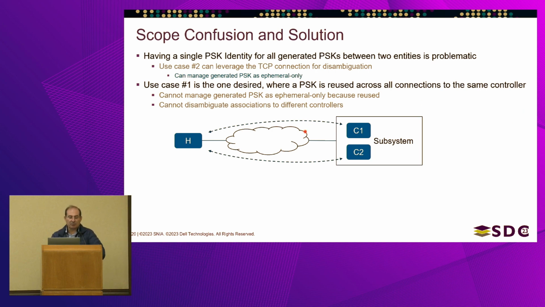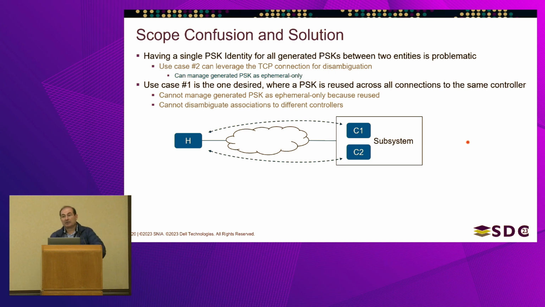The easy example is this one. Suppose you have a host that wants to connect to a subsystem and you have two controllers on this subsystem, controller 1, controller 2. And I would like to have two different PSKs, one for host to controller 1 and one for host to controller 2. This is really the case in which I have one PSK per association, which is really the use case that makes the most sense.